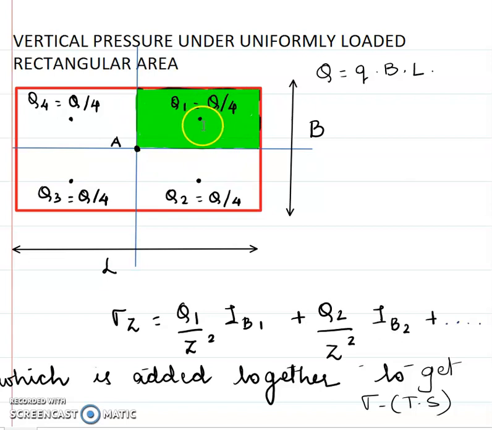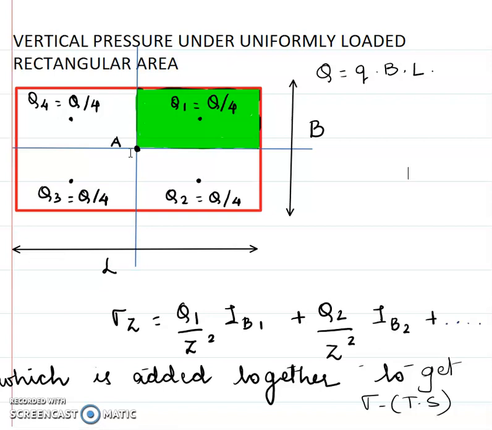See, we are trying to convert a UDL to point load, and then we are finding the effect of this point load onto the point A, the point under consideration. So when we are doing this, there is a lot of approximation that we are doing. The effect of point load and the effect of UDL on a particular point will definitely not be exactly the same.